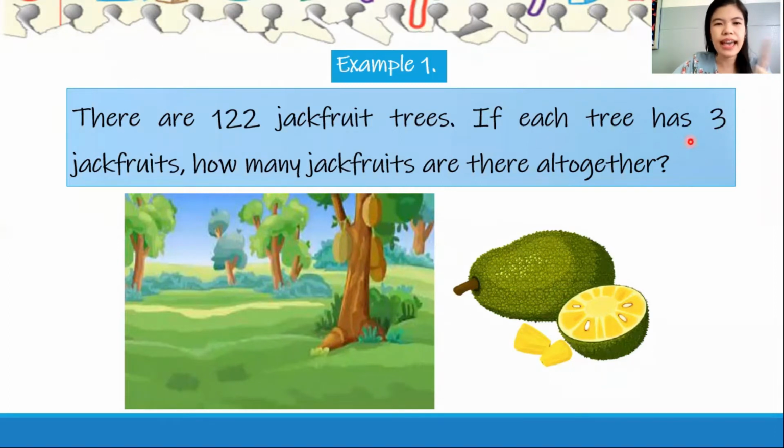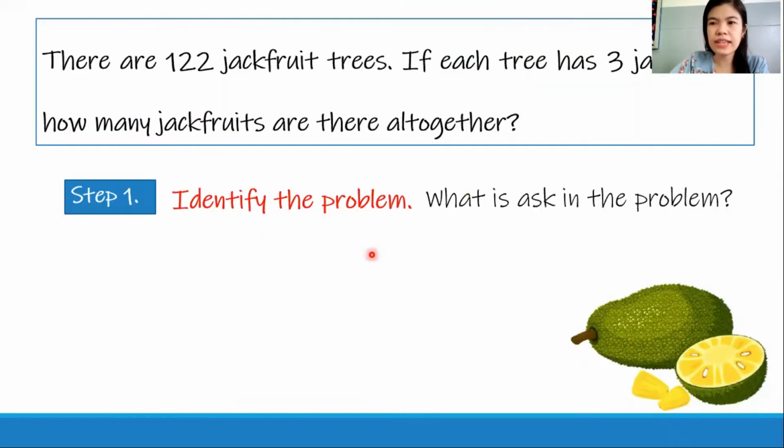Question: how many jackfruits are there altogether? So let us try to answer this one by following the 5 steps. Step 1, you have to write what is asked in the problem. What does it mean? What is the question? Can you give the question in this problem?